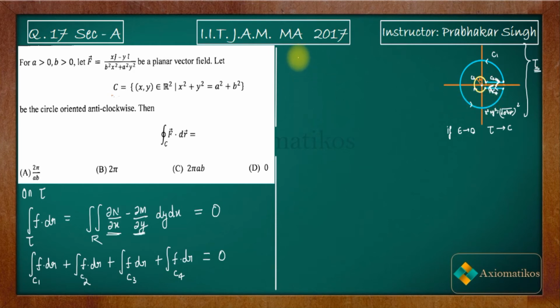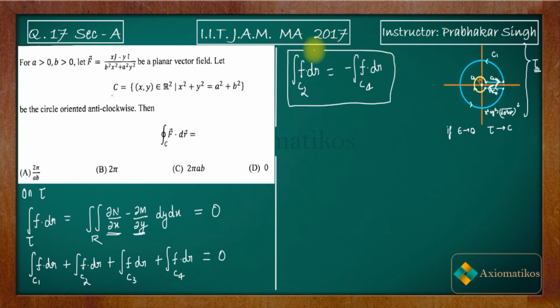Now because they are opposite and exactly the same, the line integral along C3 will be negative times the line integral along C4. Because they are exactly the same path. You are going toward this direction and you are coming from this direction. So both are opposite and both are the same figure, so these two things will be cancelled out.